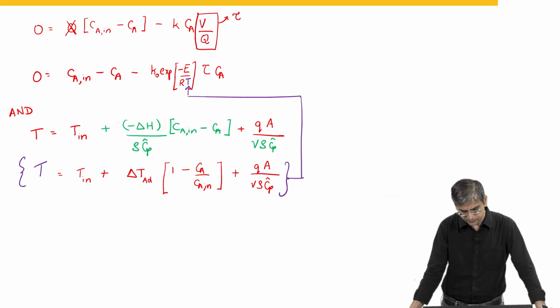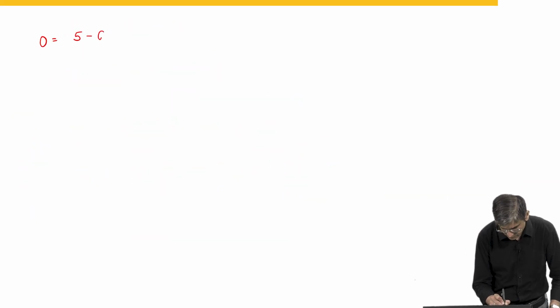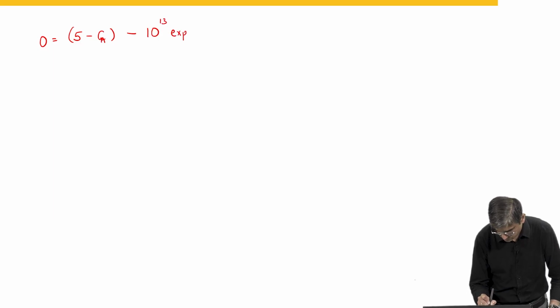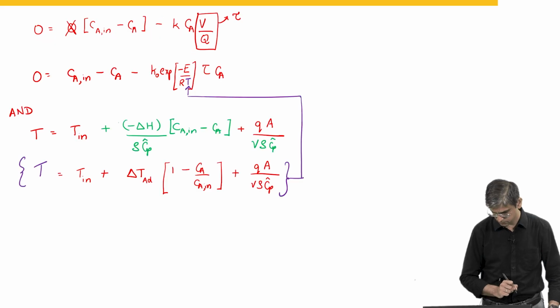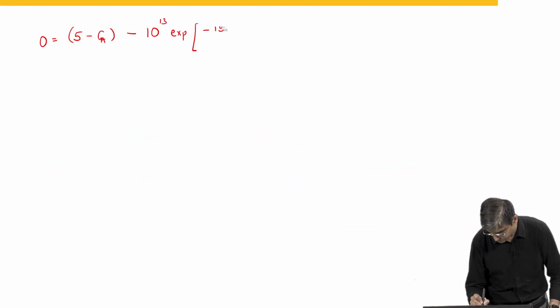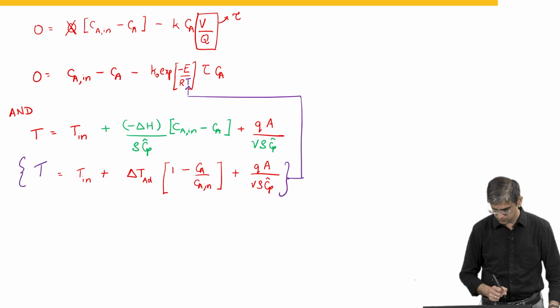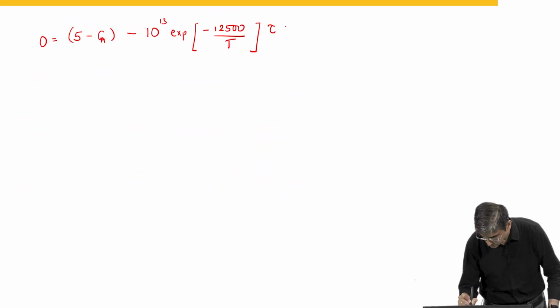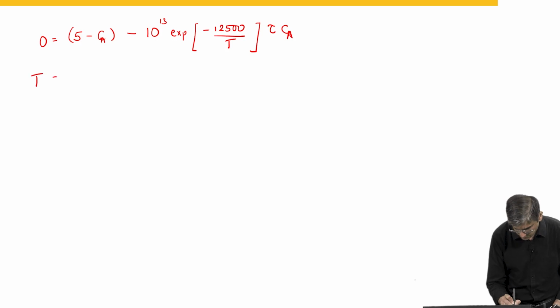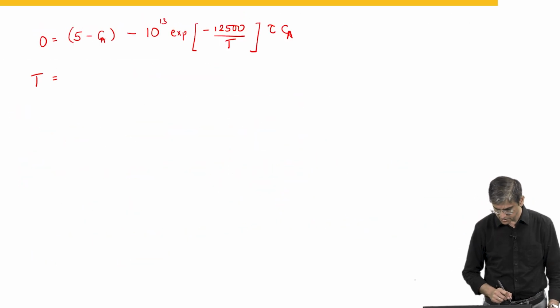So, all you have to do now is to substitute the values, right. So, in this particular problem you have 0 equal to Ca in is 5 moles per liter, minus delta H is 70.